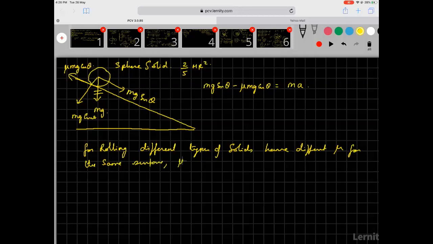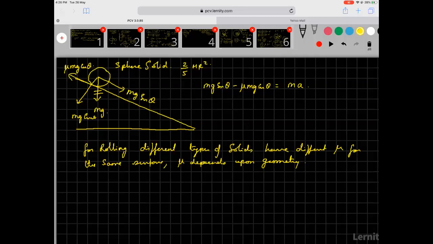What I'm trying to say is that mu depends upon geometry. What do I mean by that? Let's see. It is because of this mu mg cos theta that the body is rolling.